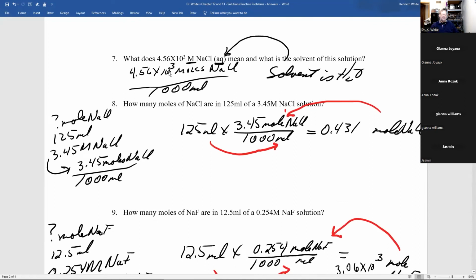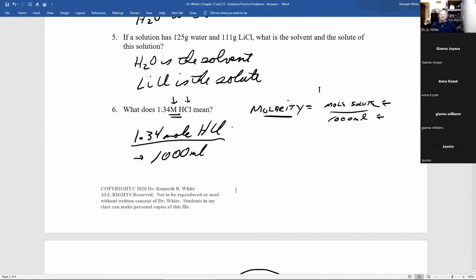Now in number 7, I ask the same thing, plus another question: what does 4.56 times 10 to the third capital M NaCl(aq) mean, and what is the solvent of the solution? Well, as soon as you see capital M, you know that's moles of solute per 1,000 milliliters.